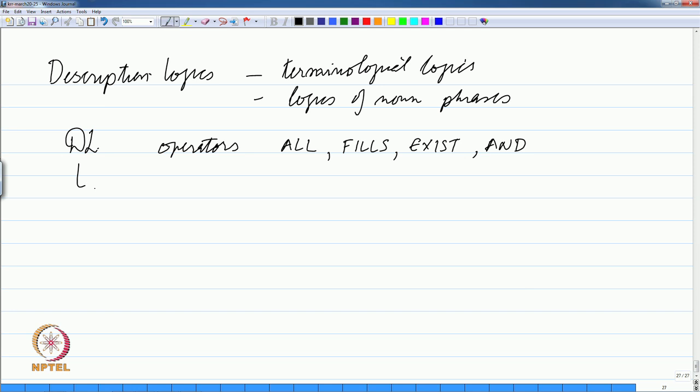So, the major advantage of this language was that you could answer the question whether a concept D is subsumed by another concept E. You could use this algorithm called structure matching.